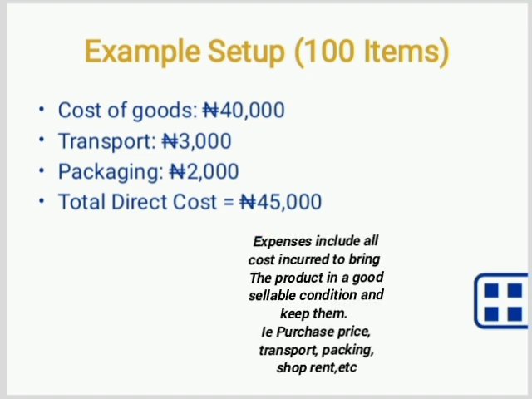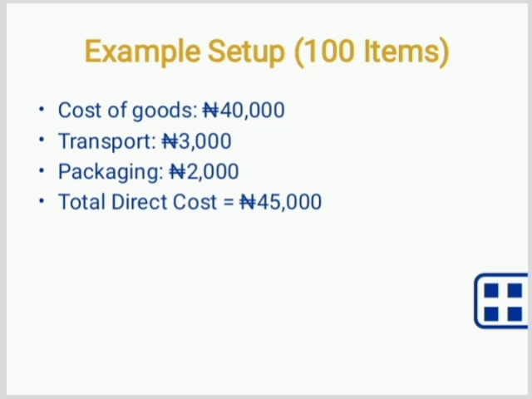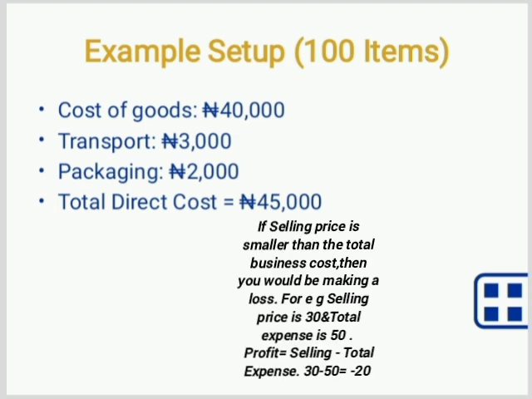Expenses include the cost of products that you purchased at the purchase price, the cost you incur to bring that product from the point of purchase to your shop, and every other thing you've done to keep that product in perfect condition for you to be able to sell it. Those are your expenses. And so for you to really make profit, you must incorporate all those expenses plus your profit margin before you can now make profit.